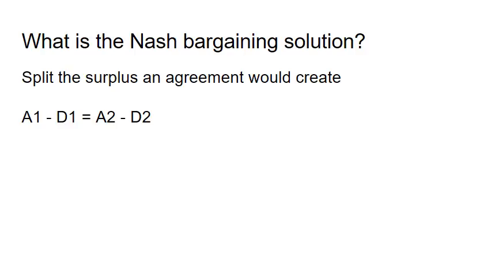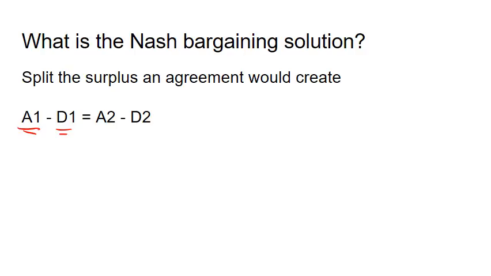Now, the way an analyst identifies the bargaining solution is to figure out what outcome makes the gains each player receives from the agreement equal. What a player gains is the payoff from the agreement less the player's disagreement outcome. So let's let A1 represent the payoff that player 1 gets from the agreement, and D1 be the value that they would receive if they disagreed, the disagreement outcome.